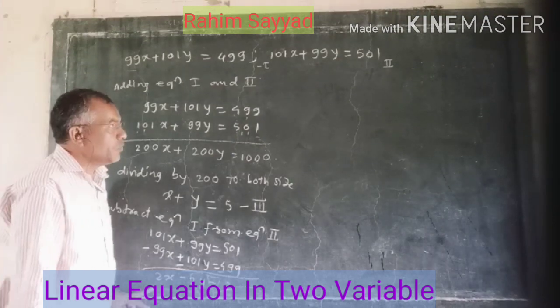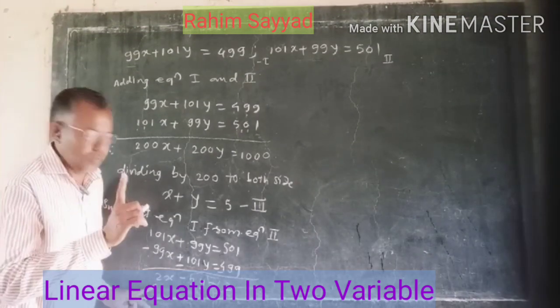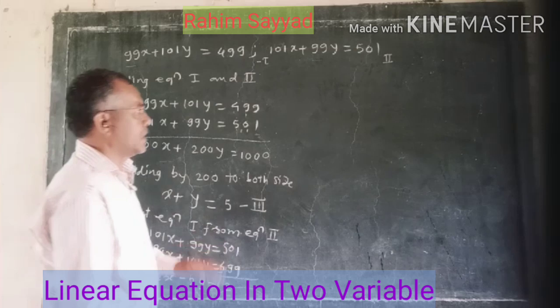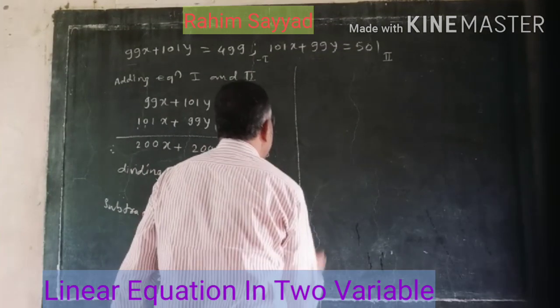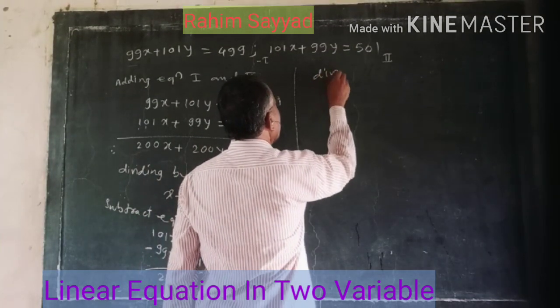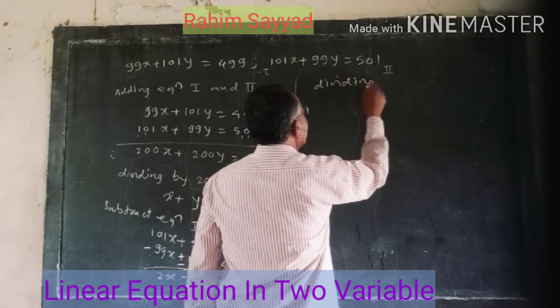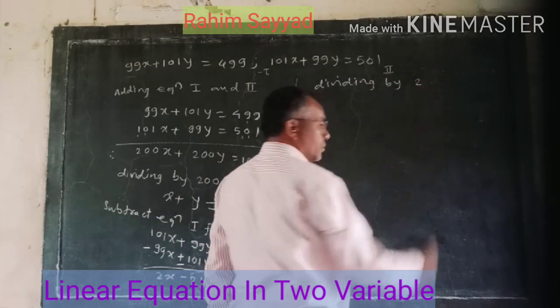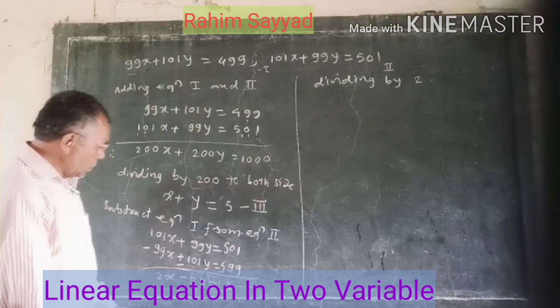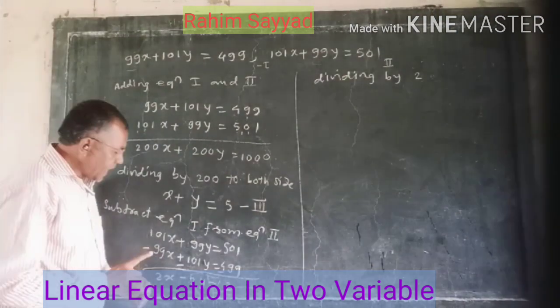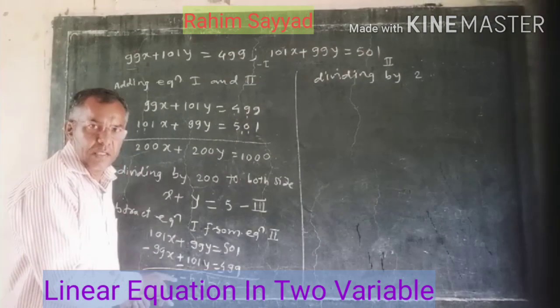Now you will write dividing by 2 to both sides. After dividing by 2, you will see that the 2 gets cancelled.